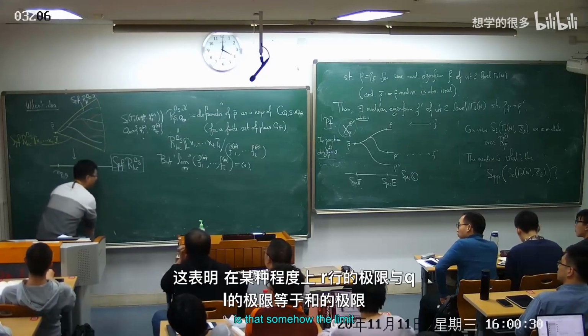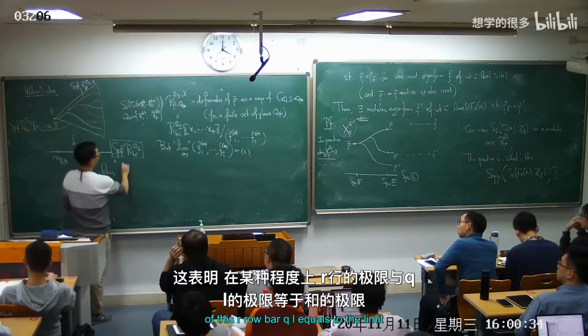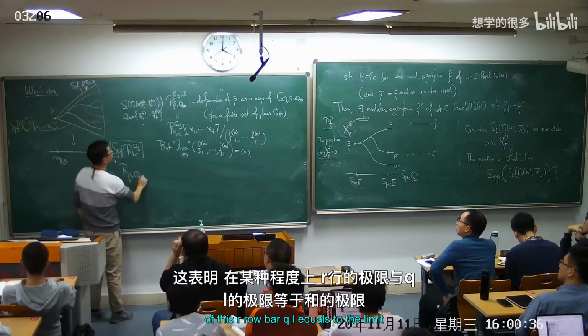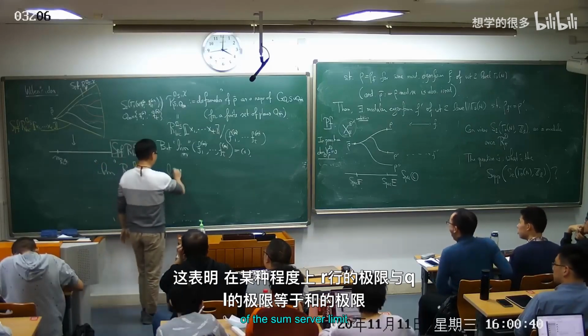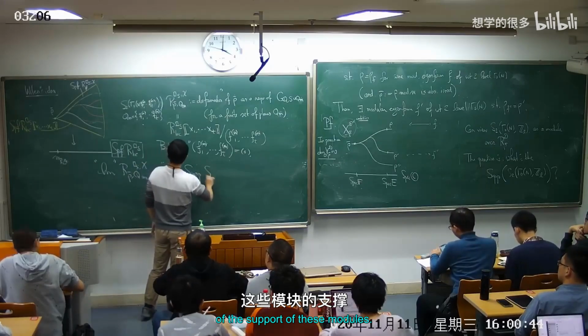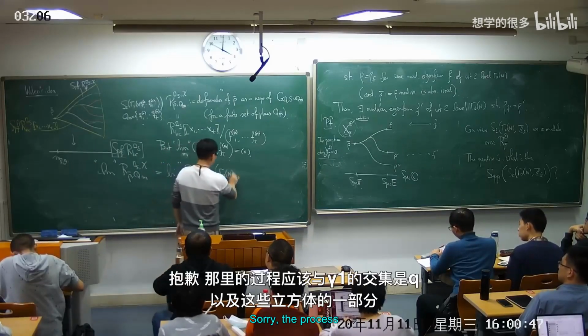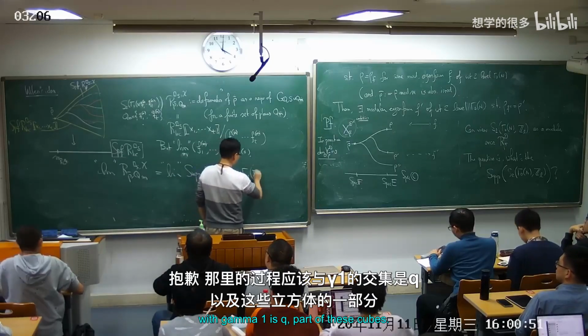So therefore, what we prove is that in some sense, some sort of limit of this R rho bar, Q_m, equals some sort of limit of the support of these modules. Sorry, the precise statement should be intersection with Gamma_1, the product of these Q's.